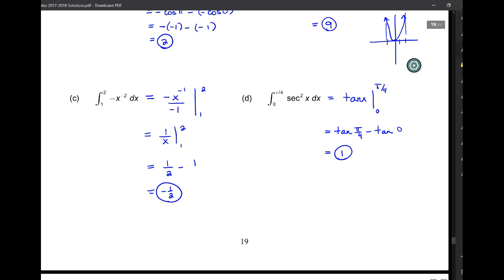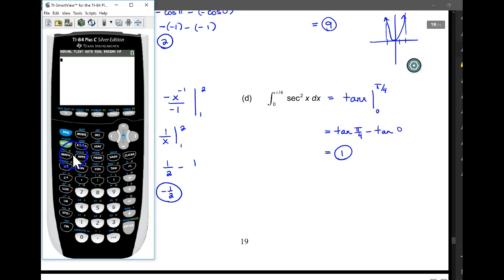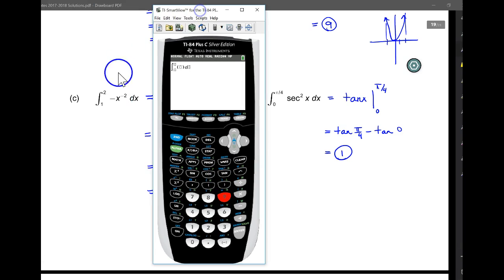To check that on the calculator. Right, so let's say you wanted to check this on your calculator. If you go math, 8 is derivative, 9 is integral. Bless you. So let's say I wanted to check this one here. You just type it in, 1 to 2, negative x to the negative 2.